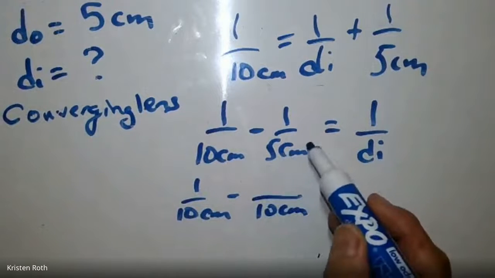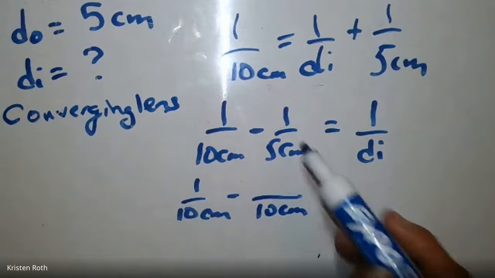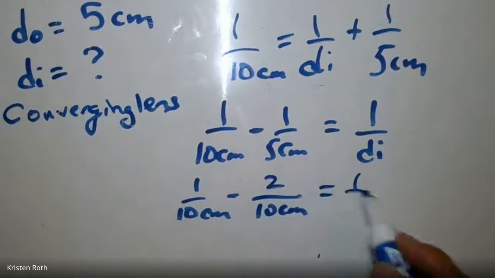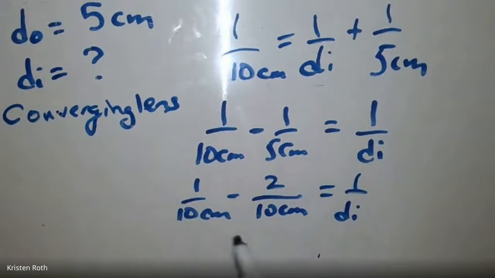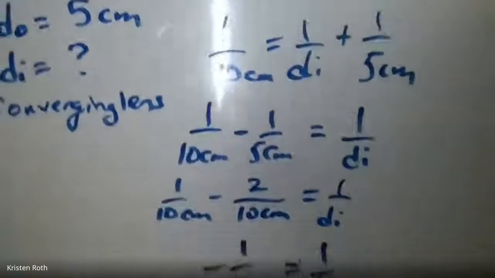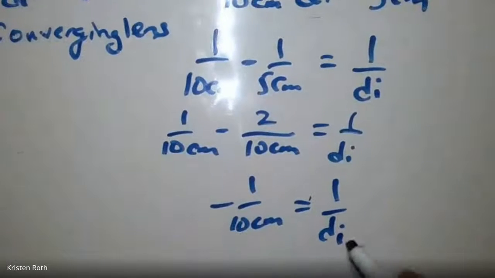How do we get 10? We have to times by 2. Whatever you do to the bottom, you have to do to the top. Equals 1 over DI. So 1 take away 2 equals negative 1 over 10 centimeters equals 1 over DI. Sorry about that. Now we're continuing here.